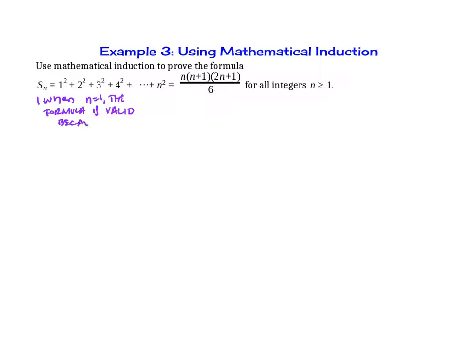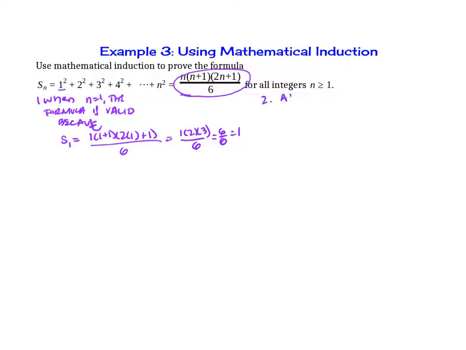Because when you plug in S sub 1 into this formula here, 1 times 1 plus 1 times 2 times 1 plus 1 over 6, that should equal the first term of 1. This is 1 times 2 times 3 over 6, which is 6 over 6, which is 1. So we did prove that that is true.